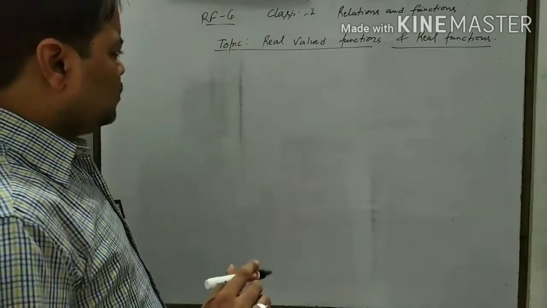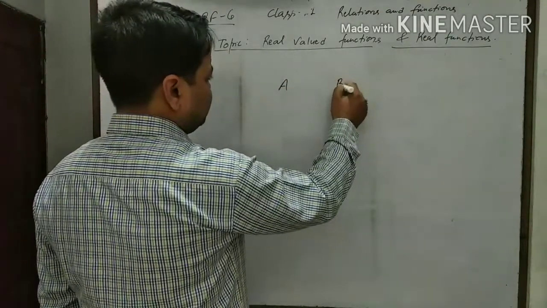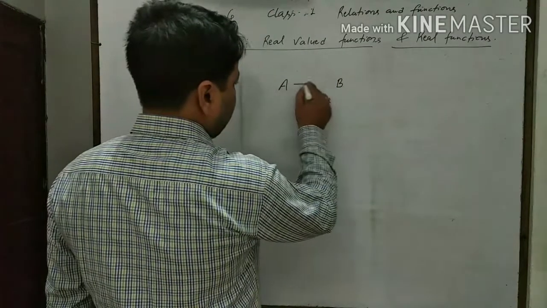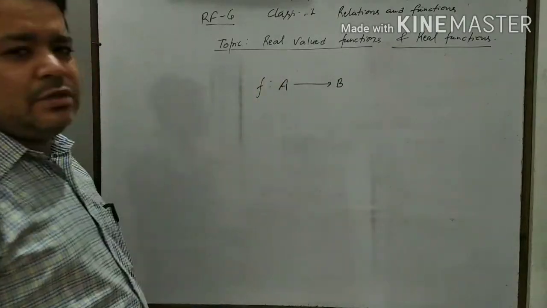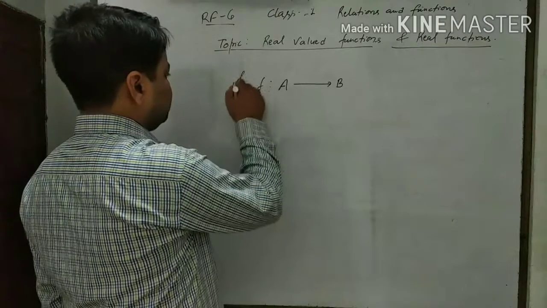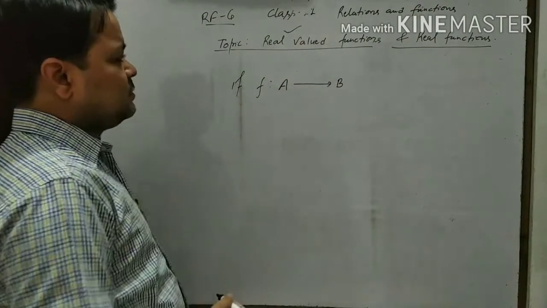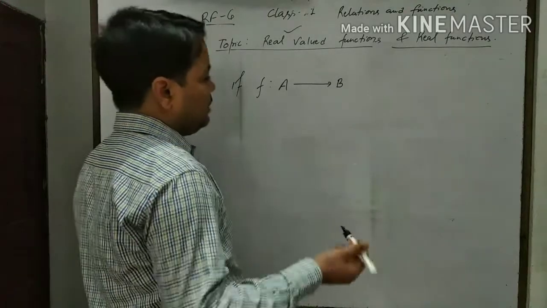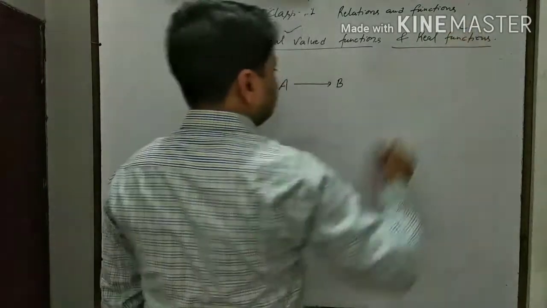You know that if we have two sets A and B, and we make a relation f from A to B, a function f from A to B is said to be a real valued function, and when will it be a real function?